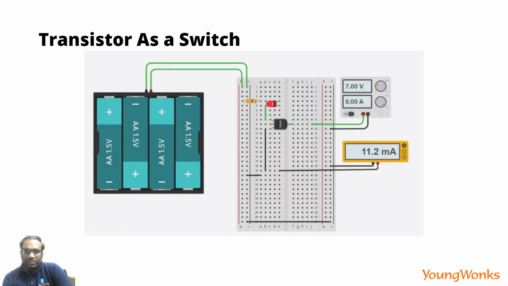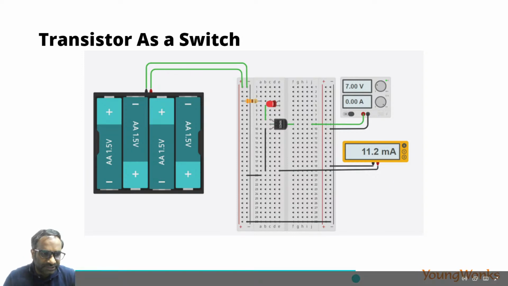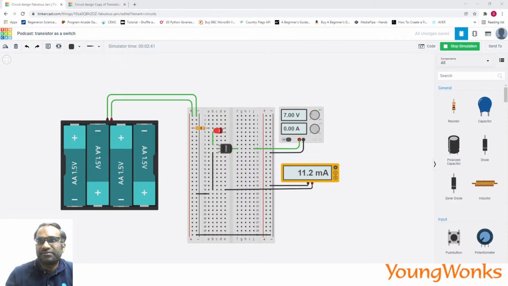And a programmable voltage has been applied to the gate. Now, we'll take a look at this circuit and see what it lets us do.